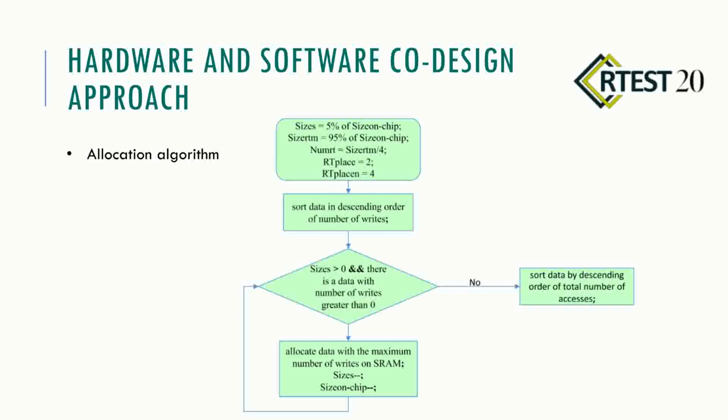And we used a heuristic data allocation algorithm. In this algorithm, the input is the size of SRAM, the size of RTM, the number of tapes, and the first position of access ports. At first we sort the data according to descending number of writes, and we put the data with the most writes in SRAM.